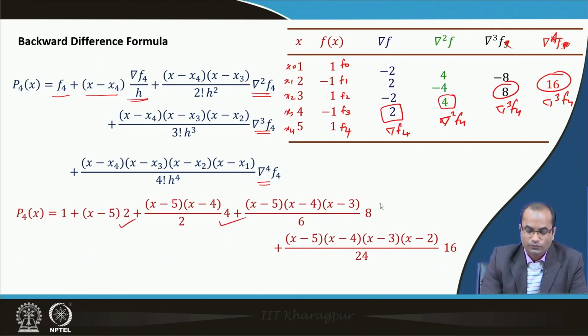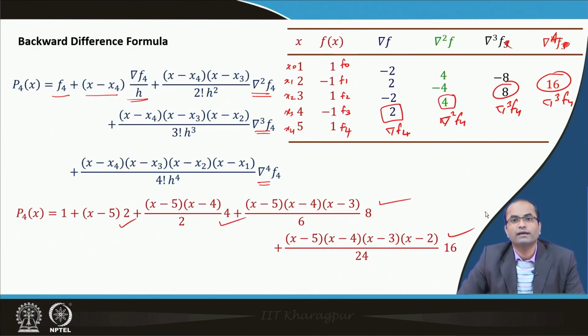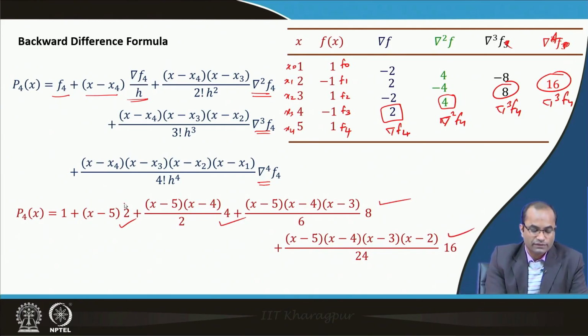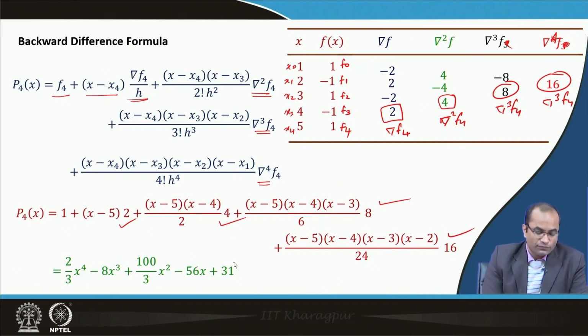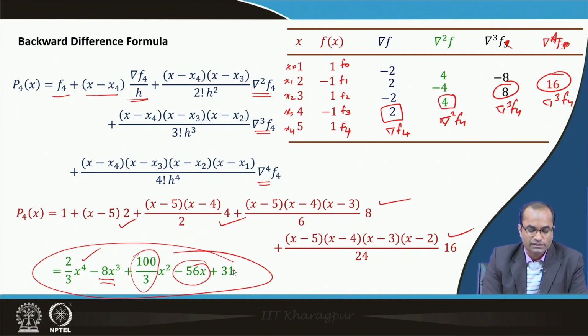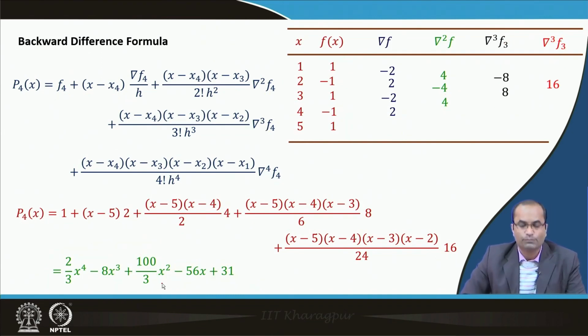Here 2, 4, 8 and 16, all these values are used, and then x0, x1, x2, x3 and x4 are substituted in this formula, and after simplification we get this fourth order polynomial: 2 by 3 x^4 minus 8 x^3 plus 100 by 3 x^2 minus 56 x plus 31.